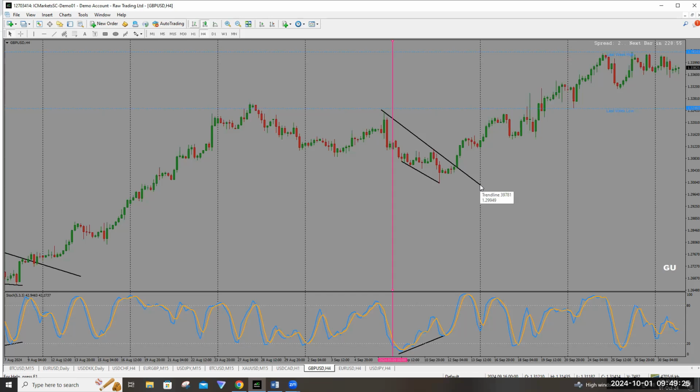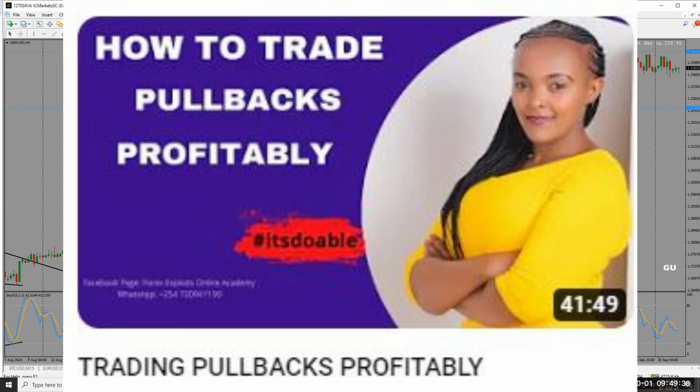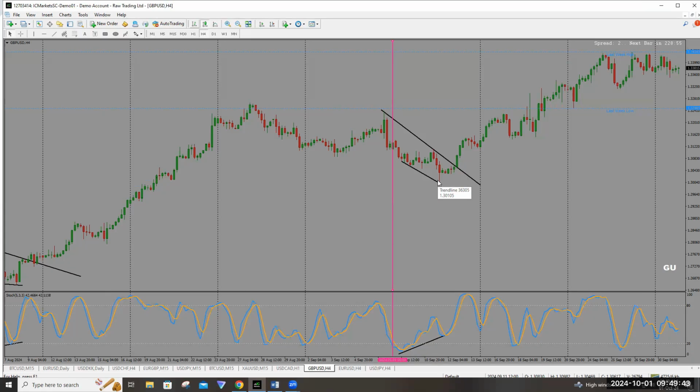So you're going to draw your counter trend line, and by the break of that trend line, now you know that we are done. And this is also one way of trading the pullbacks. There's a video on how to trade pullbacks, and this is one of them by use of counter trend line. Now you can add divergence and the oscillator and you're good to go. So there you have the break of your trend line and you go back to the buying.